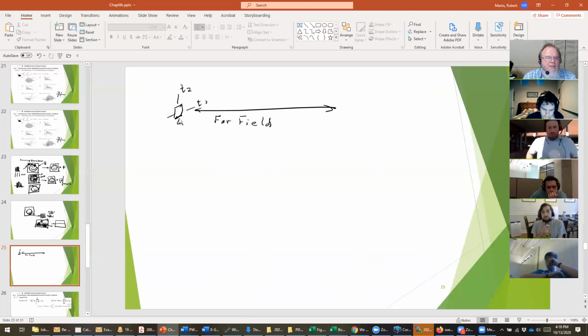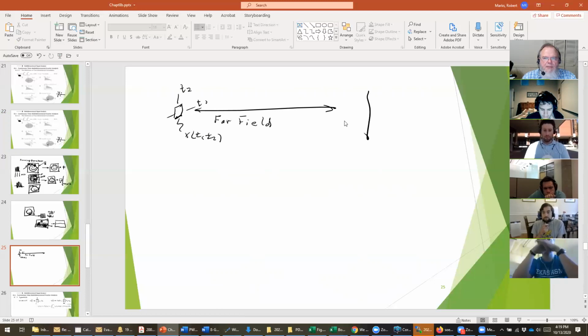And so this is X of T1, T2. What happens in the far field is the Fourier transform. You get something akin to big X. And if you've ever done things like phased array or far field, either in radar or sonar, you know that God has designed the universe so that just the act of propagation generally generates a two-dimensional Fourier transform. That's really astonishing that nature works out that way.